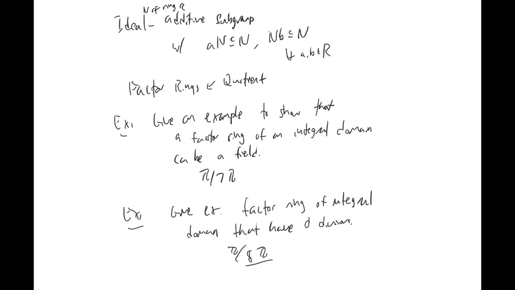Okay, so with that in mind, we know every ring R has at least two ideals. The whole ring is an ideal, which I think the book calls the improper ideal.